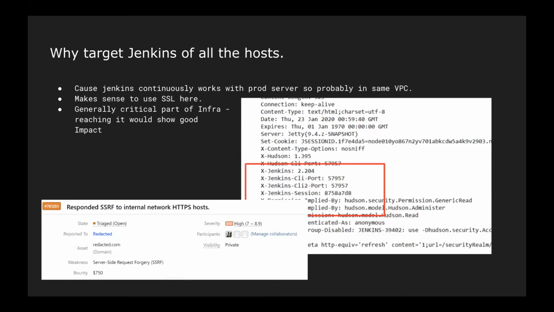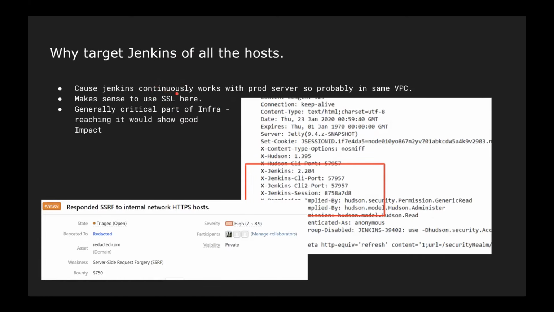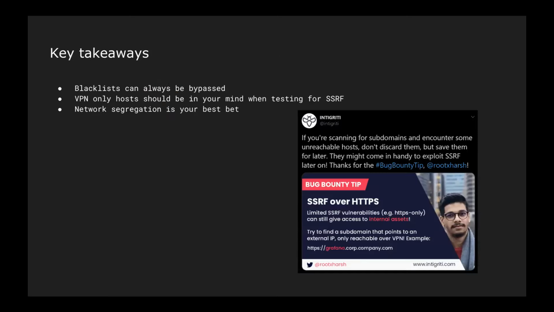And because developers generally work with it, it makes sense to have SSL here. It is a critical part of any infrastructure. So that's why I went for the Jenkins host rather than any other. And this is how we bypass this simple, or you should say very limiting, SSRF to get a response of an internal host.